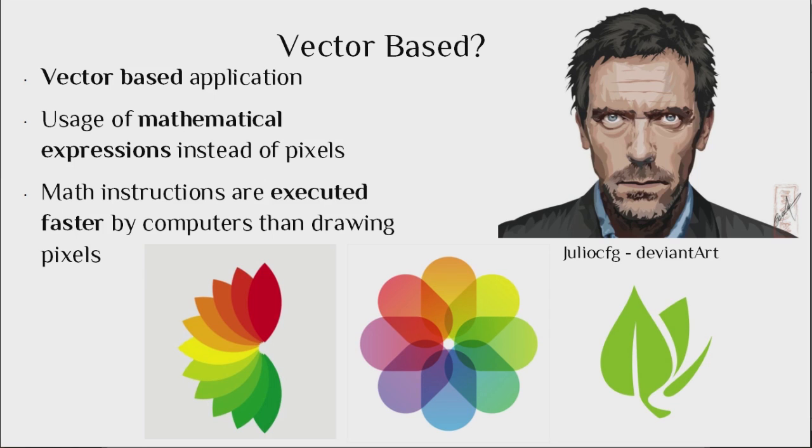So Illustrator is a vector based application. As I've already said in the previous slide, it uses mathematical expressions instead of pixels. What Adobe Illustrator does is different from Adobe Photoshop's workaround. Photoshop defines a set of very small squares, which we can't see unless we zoom in, and fills one square after another with a color.